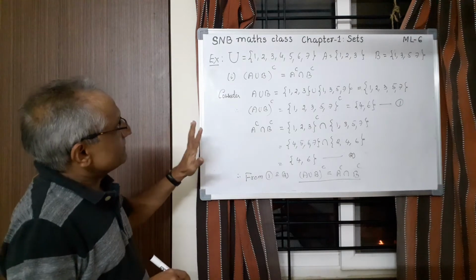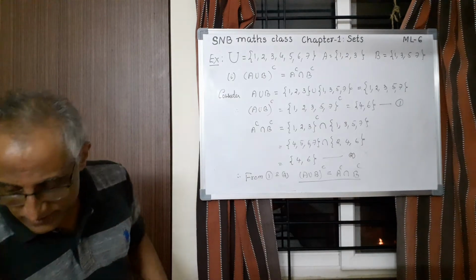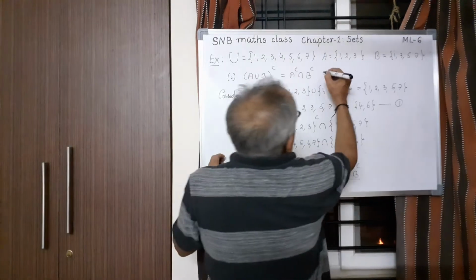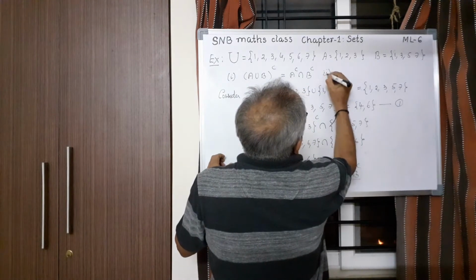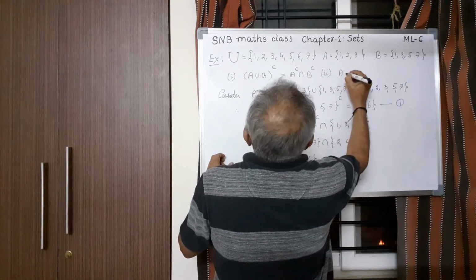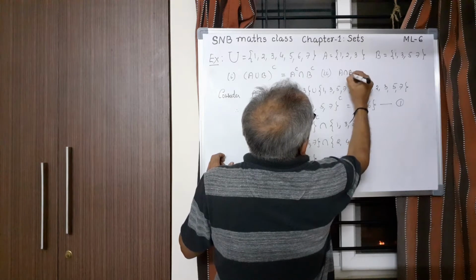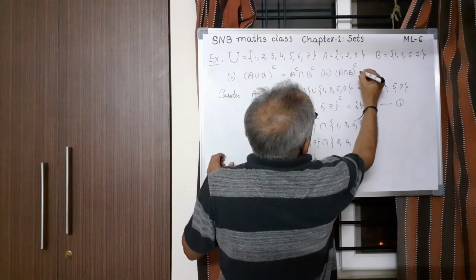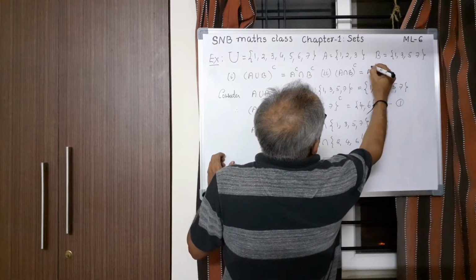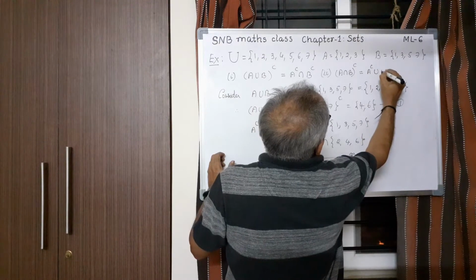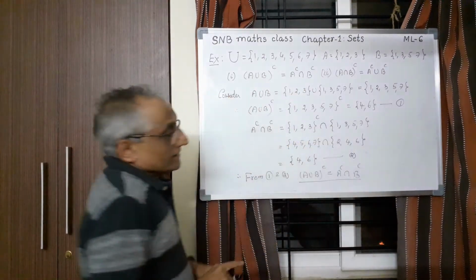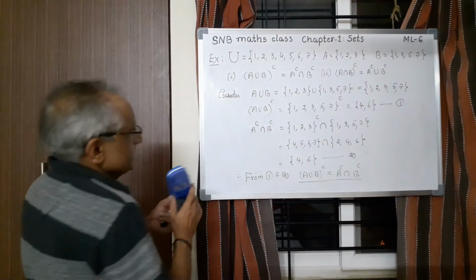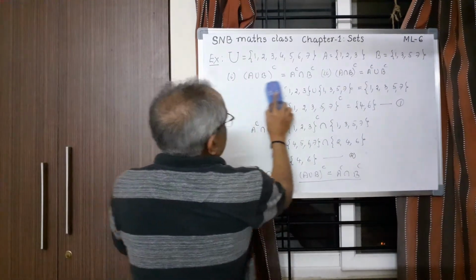In the same way, we can also show the second part, that is, the second De Morgan's law: A intersection B complement equals A complement union B complement.